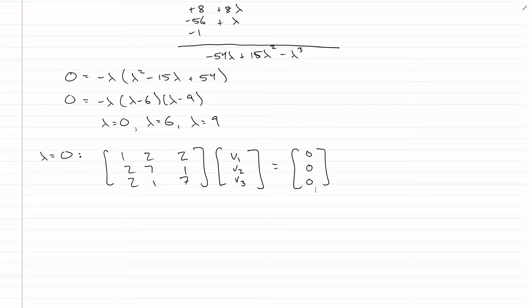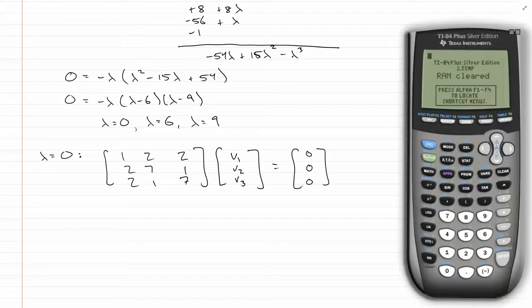Okay, and the easiest way to do this is to take out your calculator and RREF that system. So first of all, we want to edit a matrix. It's going to be a 3 by 4 matrix.